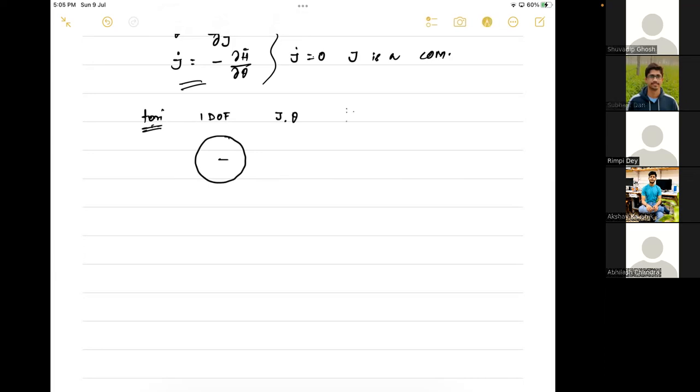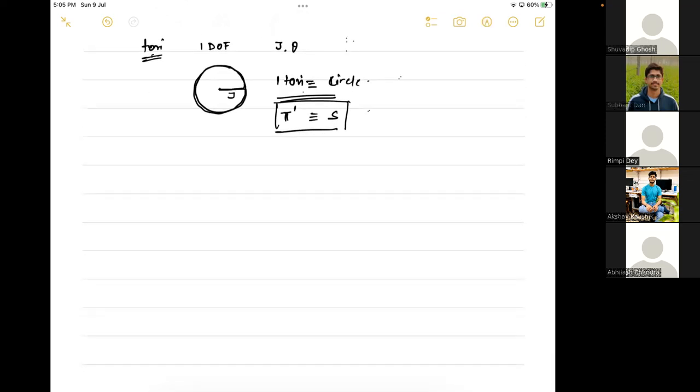The radius of this circle is J and theta varies from 0 to 2 pi. So 1 torus is equivalent to a circle. In the mathematical sense, T1 is equivalent to S1, the circle.